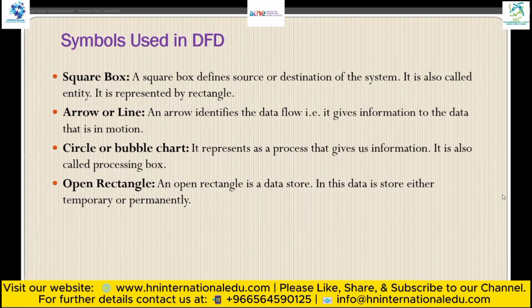Circle or bubble chart. It represents a process that gives us information. It is also called a processing box. Open rectangle. An open rectangle is a data store. In this, data is stored either temporarily or permanently.